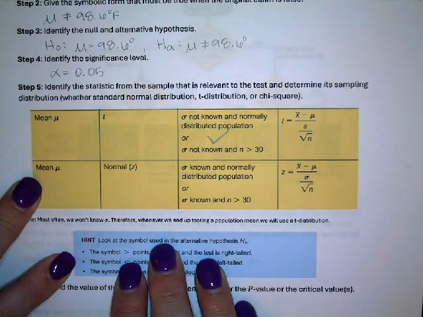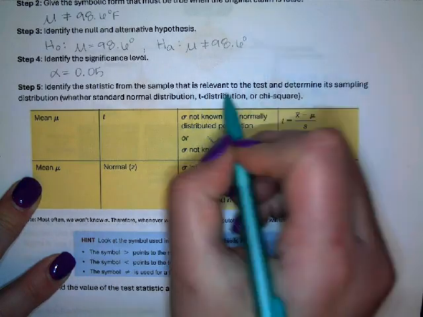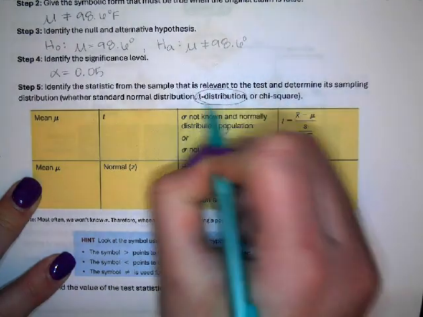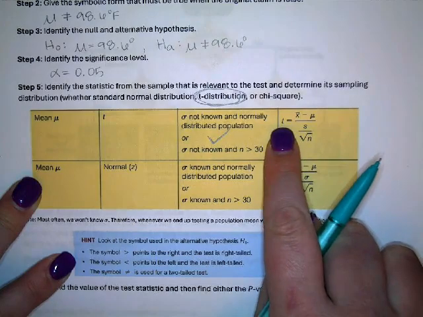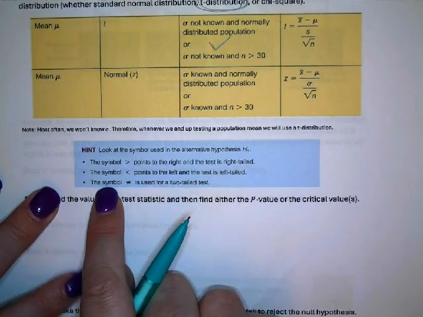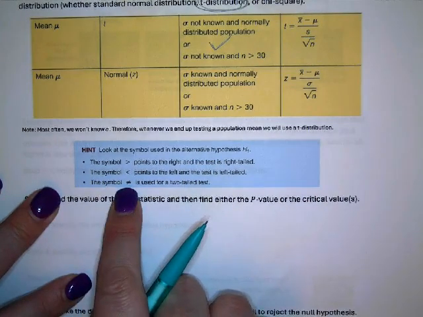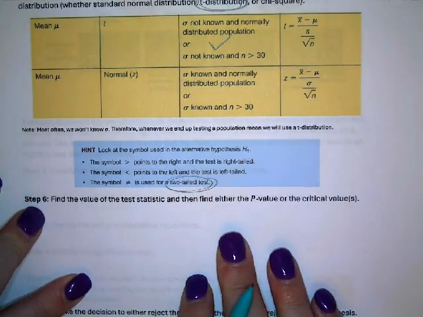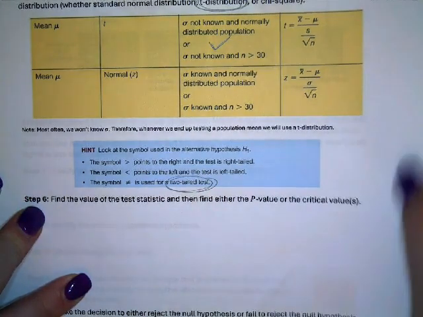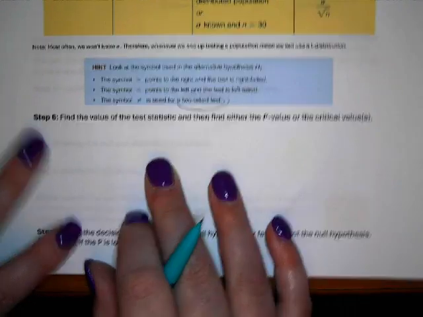We're going to be using a t distribution, because our test statistic that we're using is t. Because we used a does not equal symbol, we're going to be doing a two-tailed test for this problem. So we need to find several things.